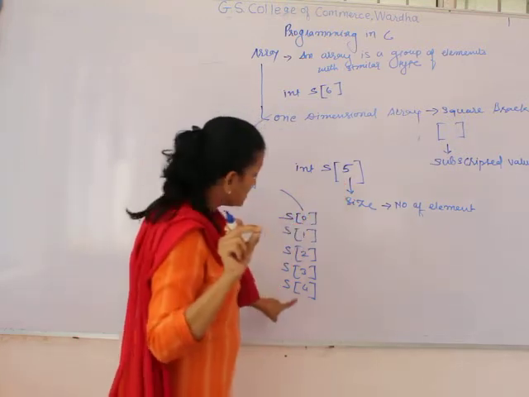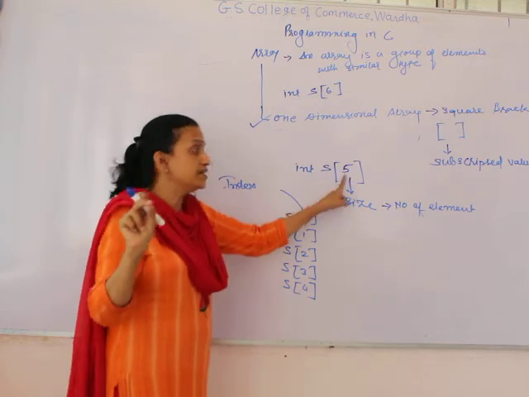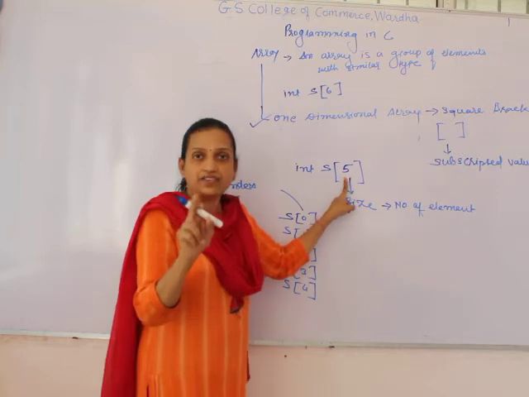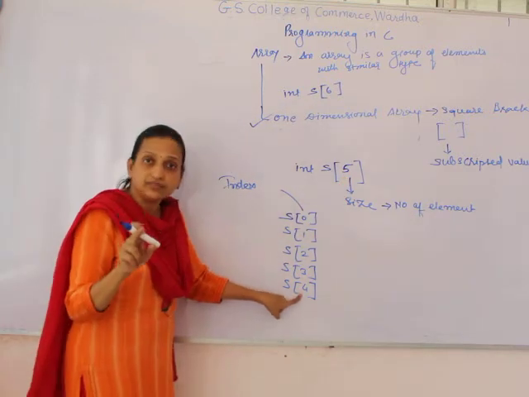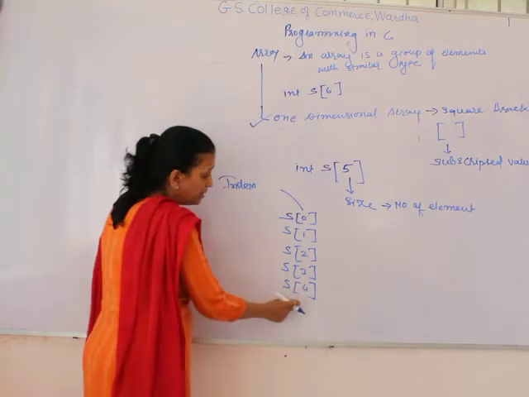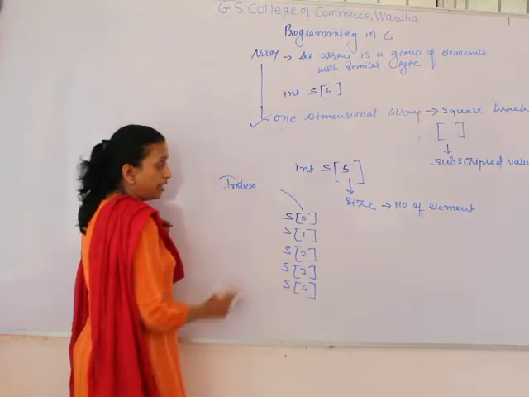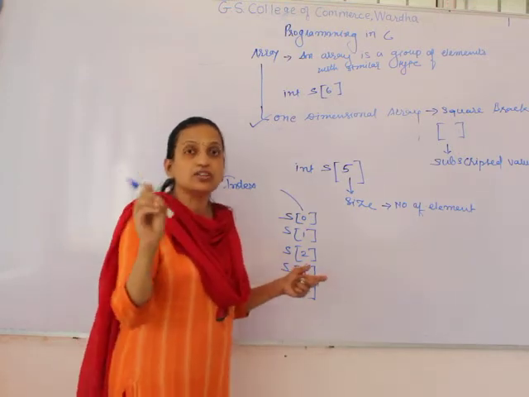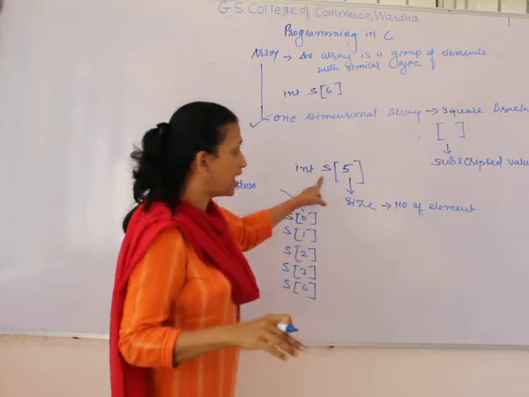So the last index number is less than that number. What size are we declaring over here? 5. And what index do we get at the end of your elements? That is as 4. Suppose you have 5 subjects, you are going to store the values of 5 subjects in this array variable.